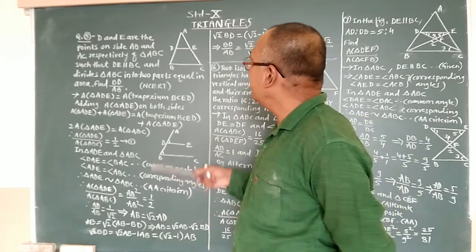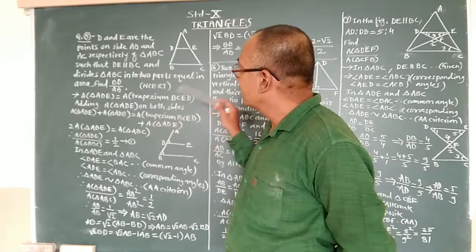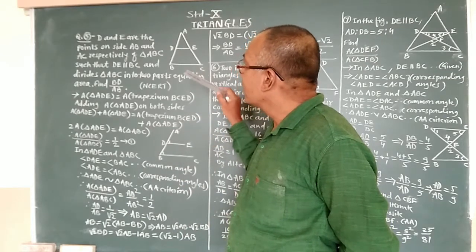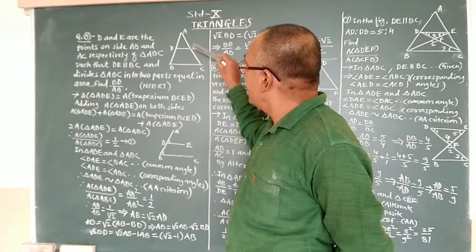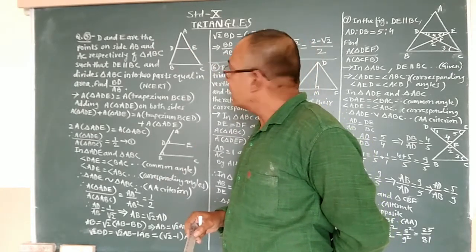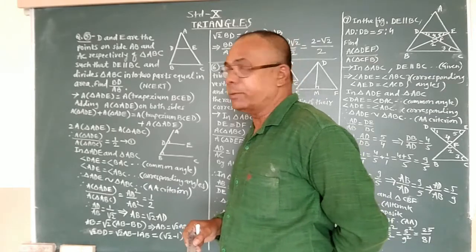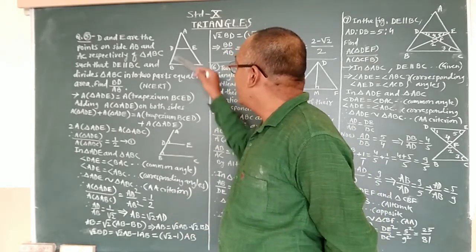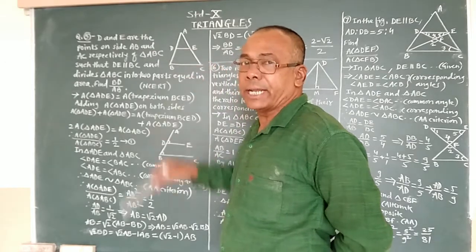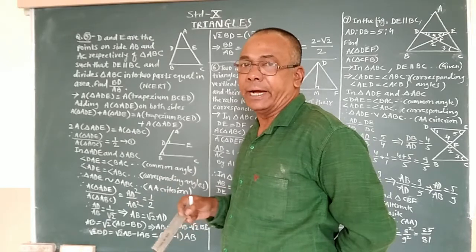Here it is given that in a triangle ABC, D and E are the points on AB and AC respectively, such that DE divides the triangle into two parts of equal area.